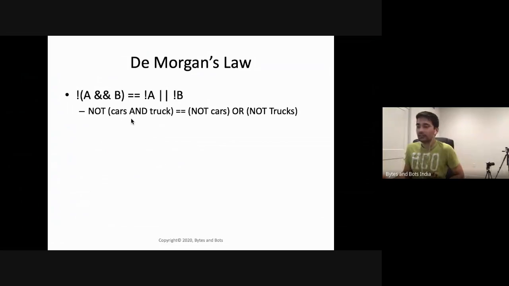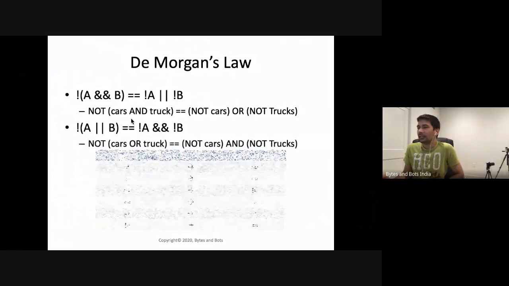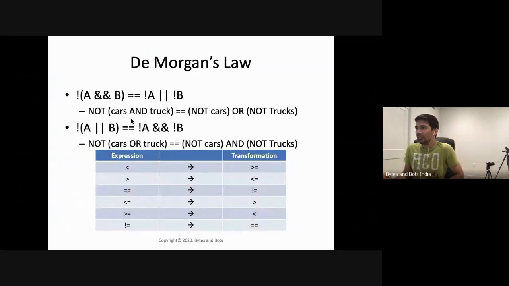So it's kind of a bad example, but let's see if this makes it a little clearer. Similar to AND, De Morgan's law applies to OR operations. So if you have A or B, then it can become not A and not B, which means if not car or truck, then it must be not car and it must also not be truck.